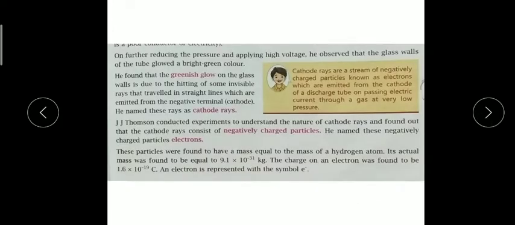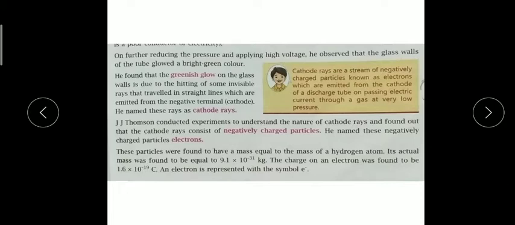Now, based on the deflection experiment, he found that these cathode rays are negatively charged particles. He also found that they have a mass of 9.1 into 10 to the power minus 31 kg.